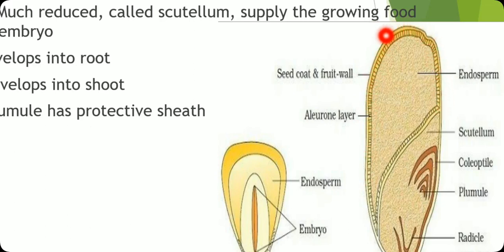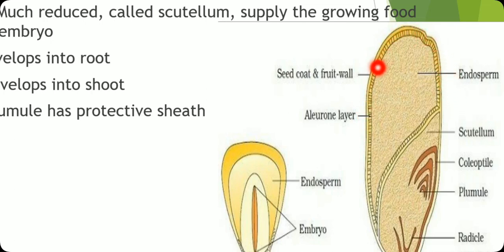Pericarp, do you remember? I have explained in a previous video lesson that there are three layers in the pericarp: epicarp, mesocarp, and endocarp, about fruits, if you remember. So yes, it is the same.